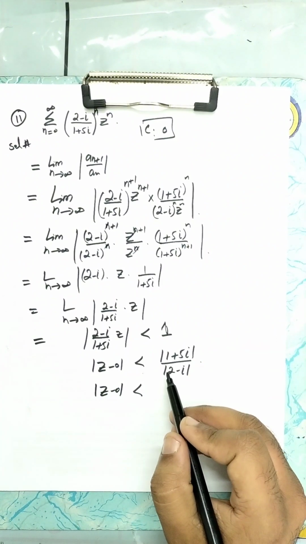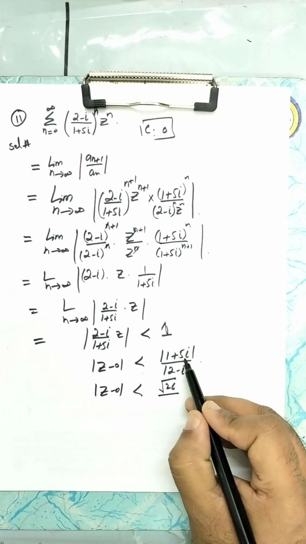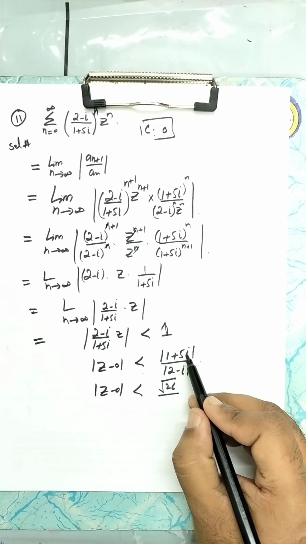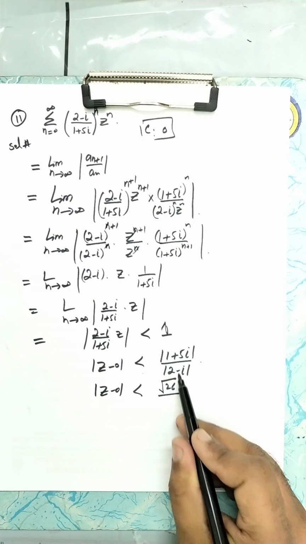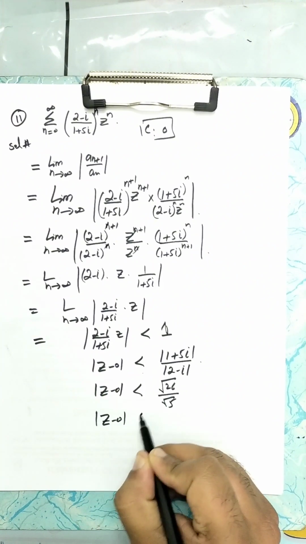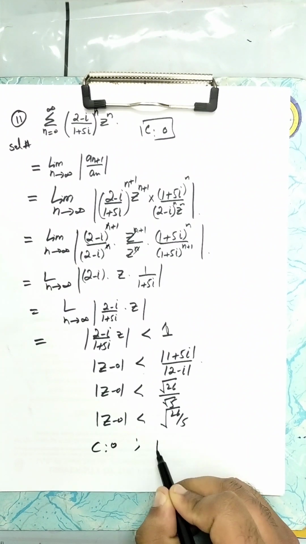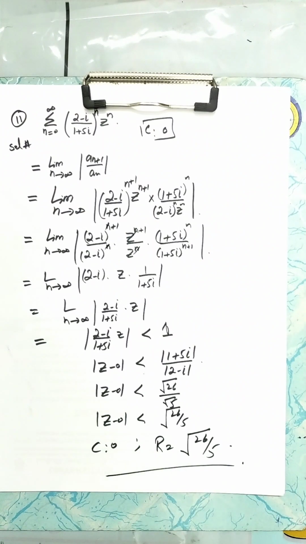If we take the mod, then this becomes under root 26, because square of 1 is 1, square of 5 is 25, so 25 plus 1 is 26, and here 4 plus 1, so root 5. So z minus 0 less than root 26 over 5, so the center is 0 and the radius is root 26 over 5. Now we solve question number 12.